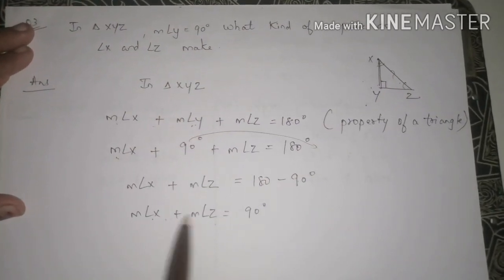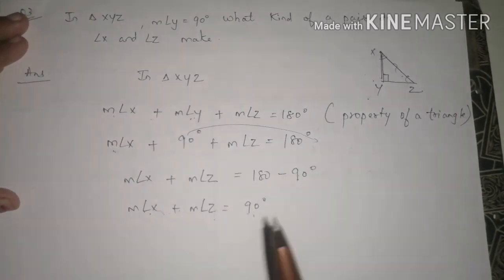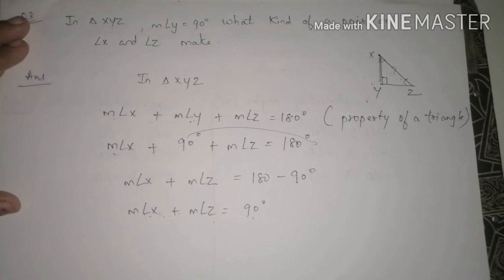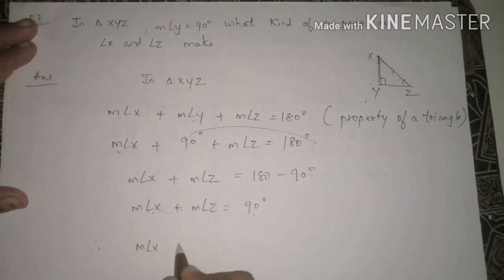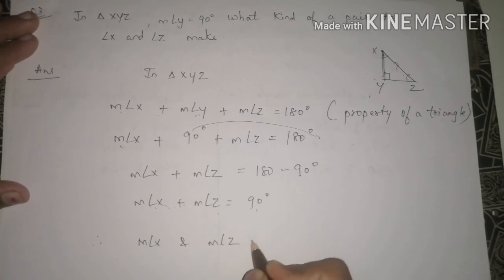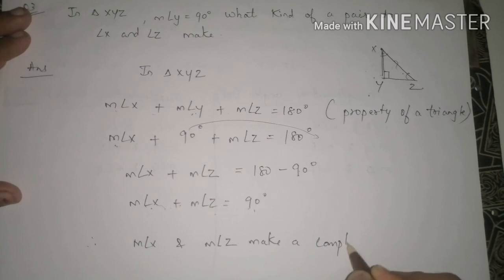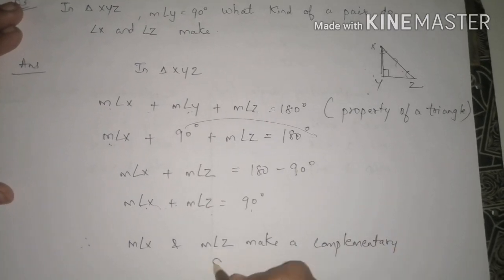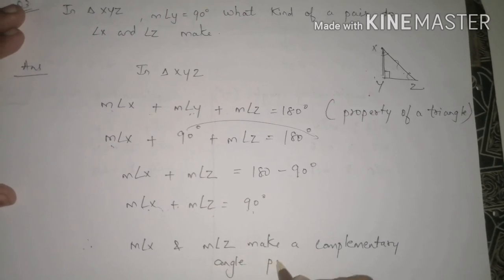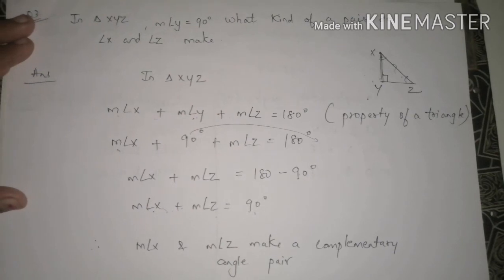So X and Z's total I got is 90 degrees, and we have learned that if the total of two angles is 90 degrees, they are complementary angles. Therefore I will write: measure of angle X and measure of angle Z make a complementary angle pair. Why? Because their total I got is 90 degrees. So we have seen till here.